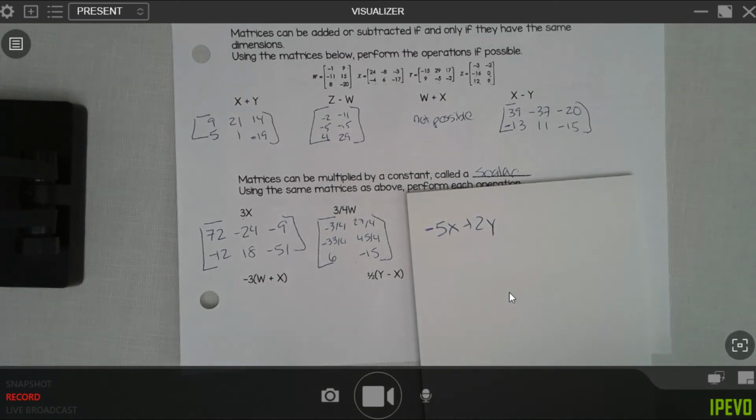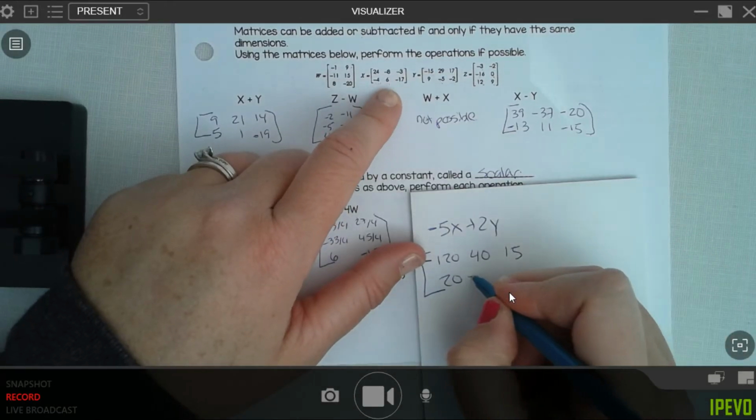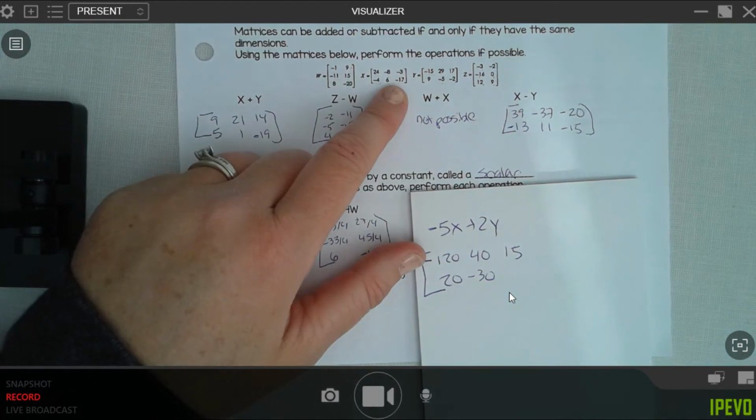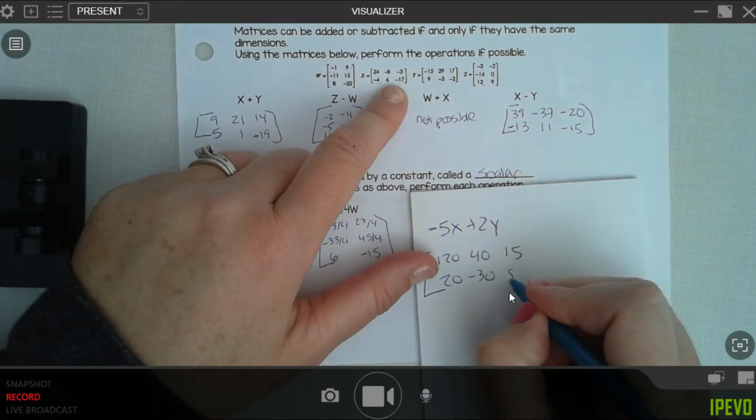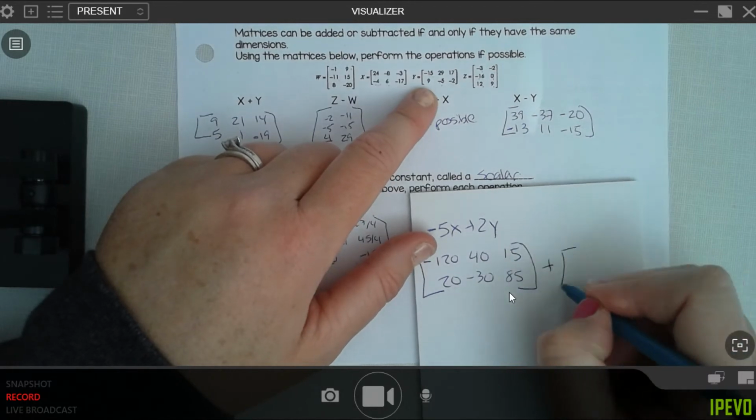So we're going to have negative 120, and we add 2 times the y to it.